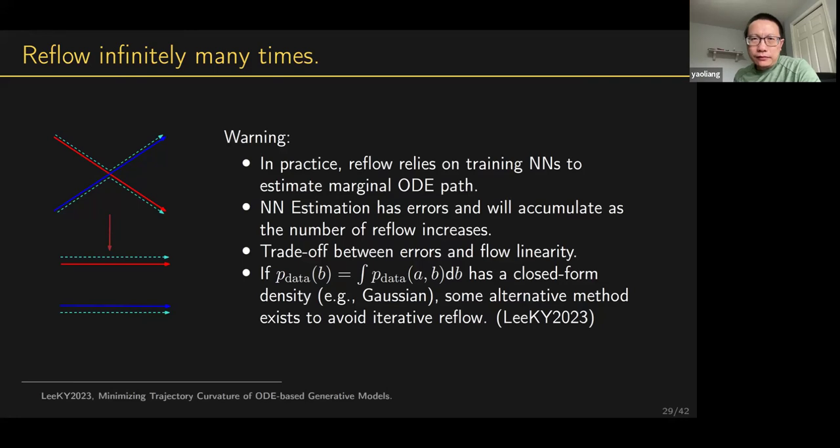While in DDPM or those kinds of things, you basically need to solve an SDE, and sometimes it's more complicated. And we don't have much knowledge about that. We basically use the Euler method to solve it. And the other thing is that with ODE, it's deterministic.